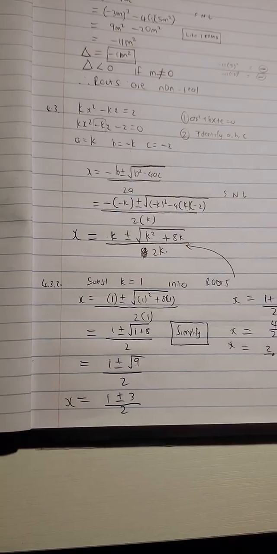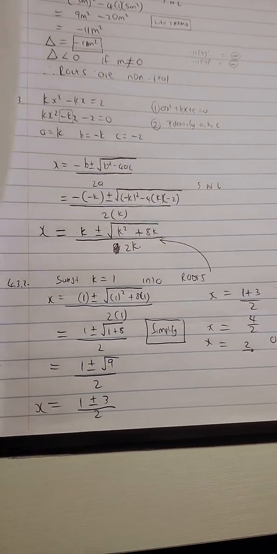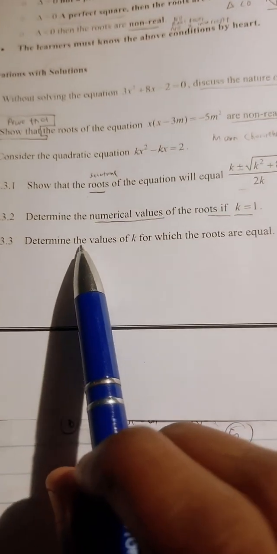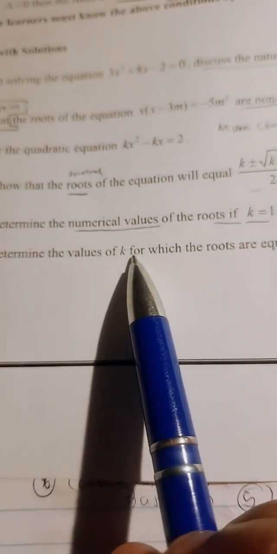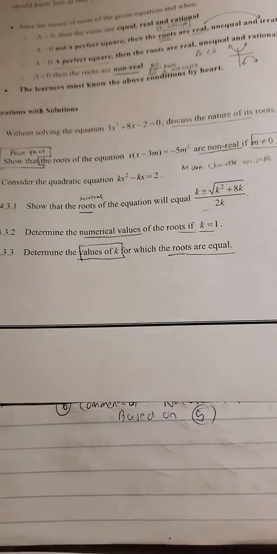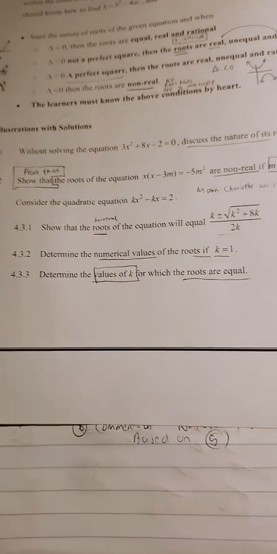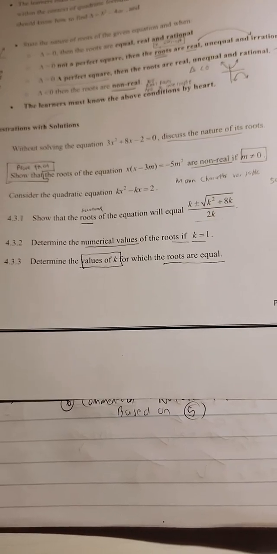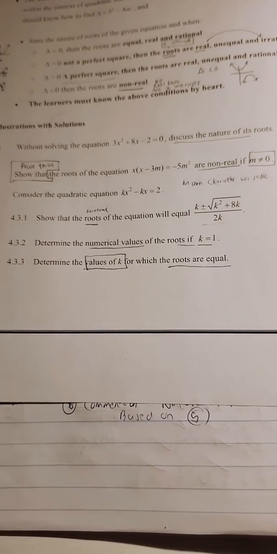Now look at this one. The next question. Very interesting. Determine the values, not just value, but values of K for which the roots are equal. This is a question that is different from the two types of questions that we had dealt with that pertain to delta.